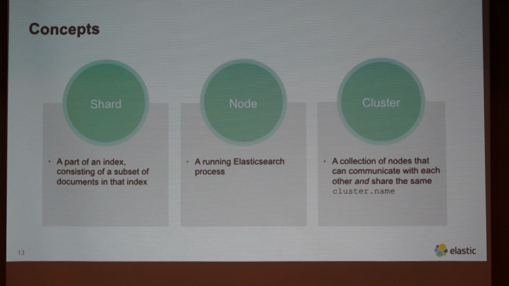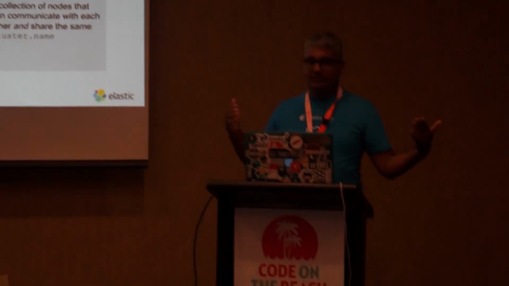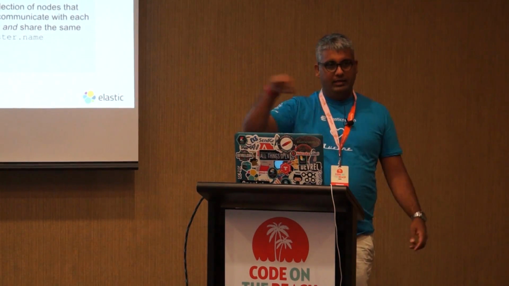And so it needs to decide which shard to put it in. The way it does that is every document has an ID, either an ID that you specify at indexing time, or if you don't, Elasticsearch will just make one for you. It runs that through a hashing function, which is basically the ID modulo the number of shards, and it'll decide which shard in that index to put it in.